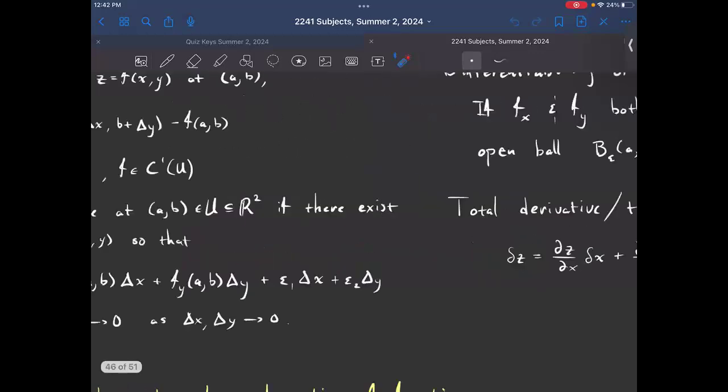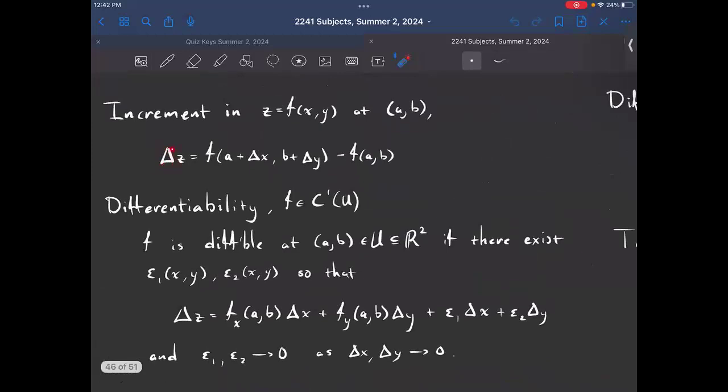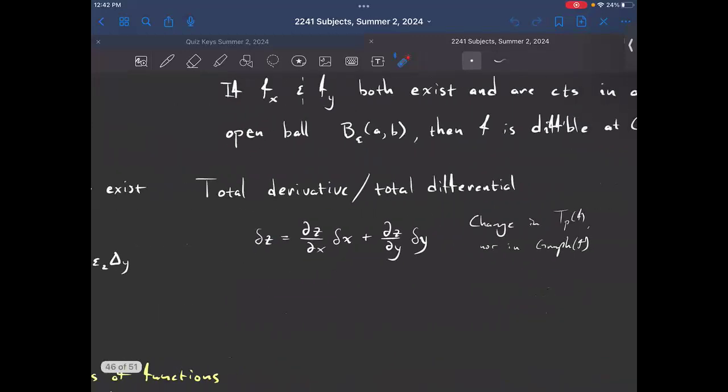So this increment, capital delta z, is the literal change in z values of the function. But the total derivative and the total differential here measure only the change in the tangent plane at that point. So you find the tangent plane, and then you measure the change in that. And so this could be different from capital delta z.